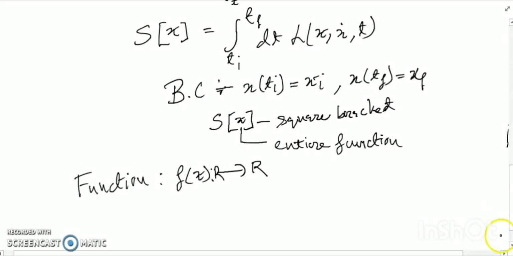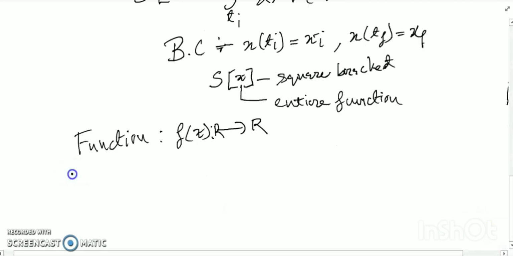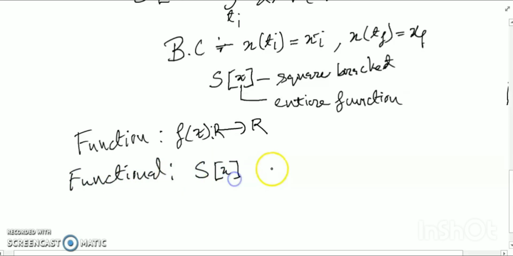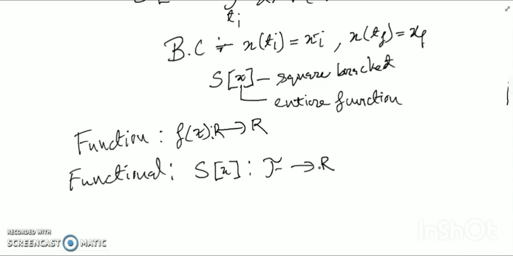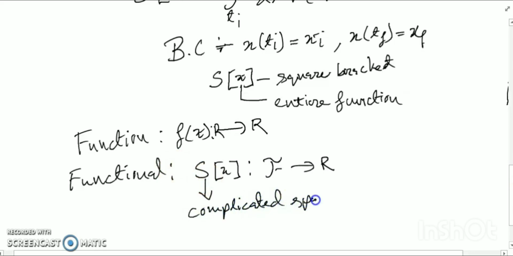So the function is this, and a functional S of x in square brackets maps from curly F to capital R. It is not a mapping from R to R. S is a map from a complicated space to R. That more complicated space, let me call it curly F.